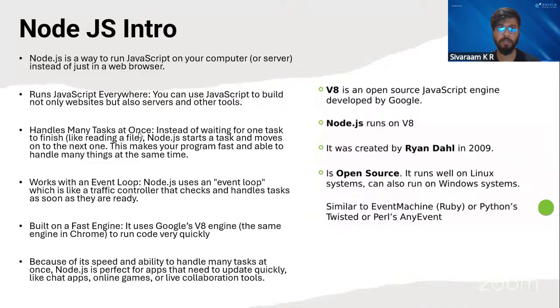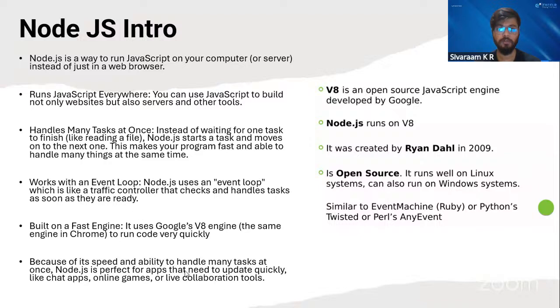How is it possible? Due to asynchronous programming. And there is also something called an event loop. We'll go through in detail what it is. As of now, you just need to know which topics are available in Node.js. Since Node.js is built on Google's V8 engine, it is fast and more scalable.